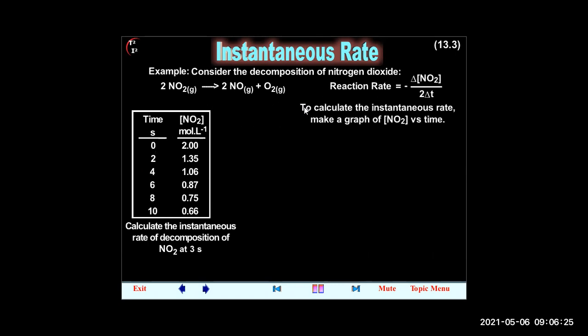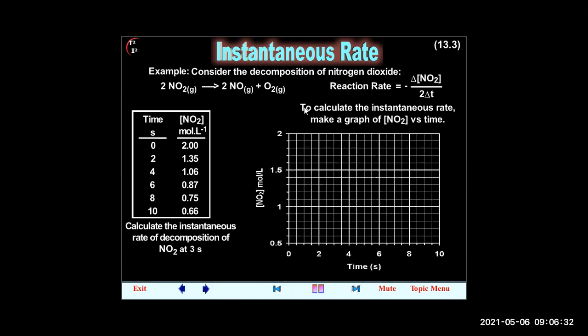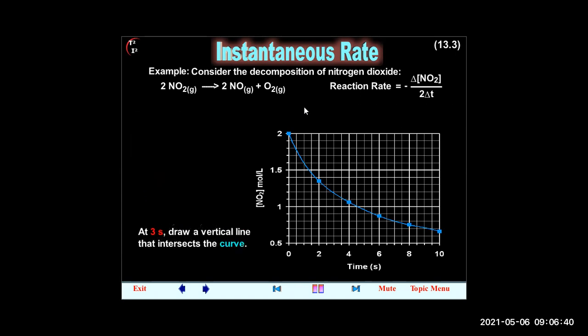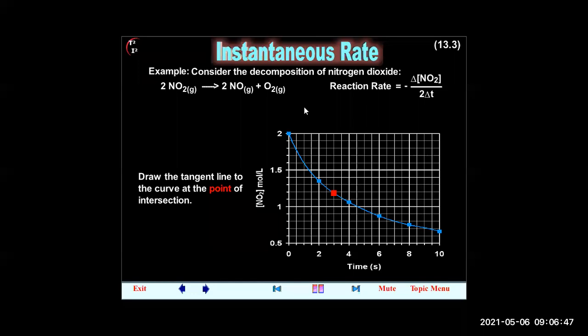To calculate the instantaneous rate, make a graph of concentration of NO2 versus time. At 3 seconds, draw a vertical line that intersects the curve. Draw the tangent line to the curve at the point of intersection. Now select 2 points at a reasonable distance from each other on the tangent line.